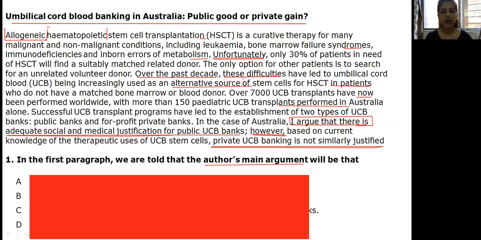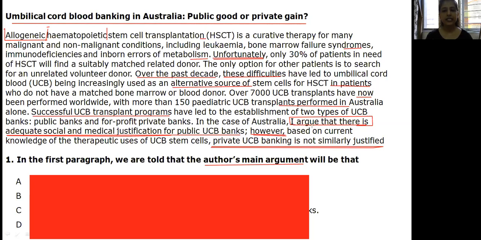He says that because it's difficult to find a suitably matched donor, the alternative source has been umbilical cord blood banking, and the writer has mentioned that they have successful outcomes. Successful UCB transplant programs have led to the establishment of two types of UCB banks. So he is not completely against UCB.